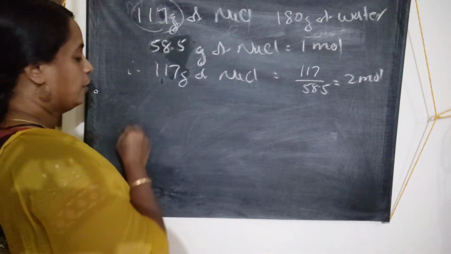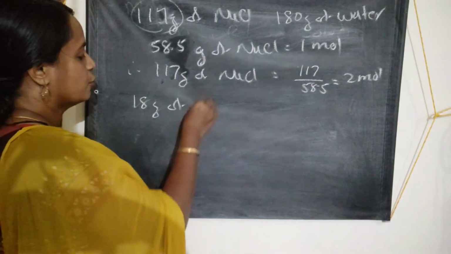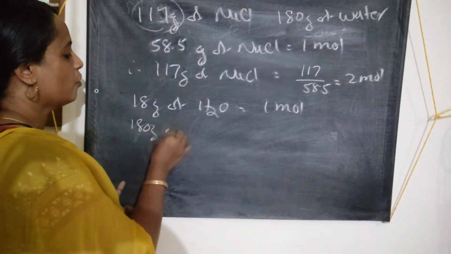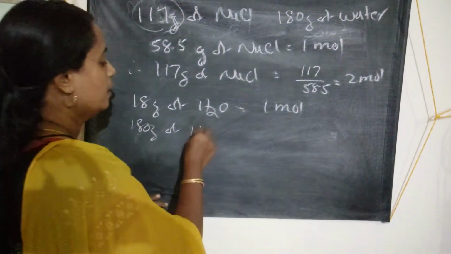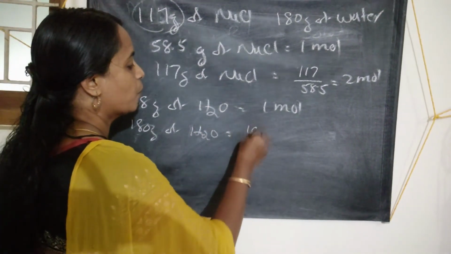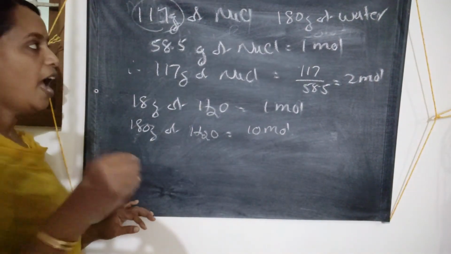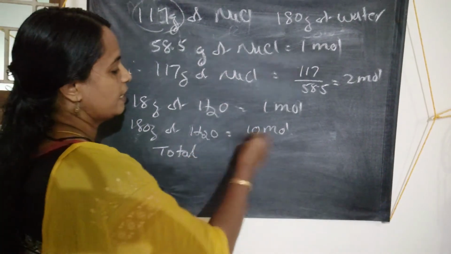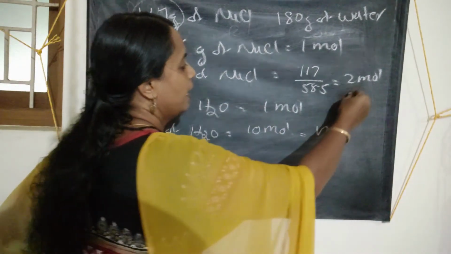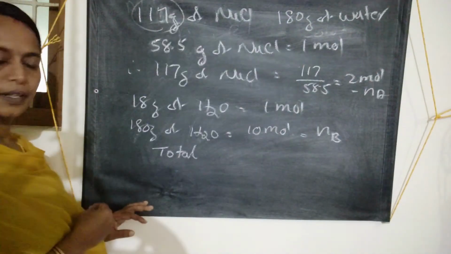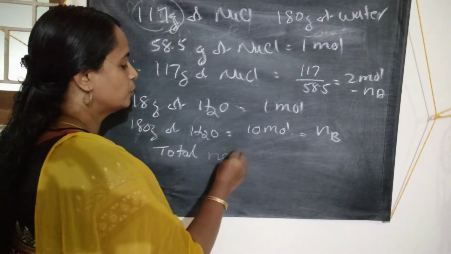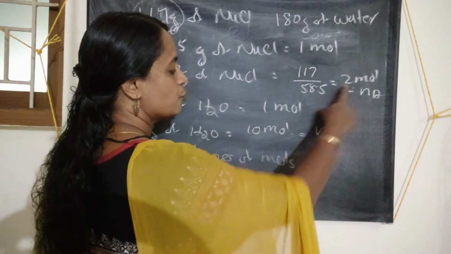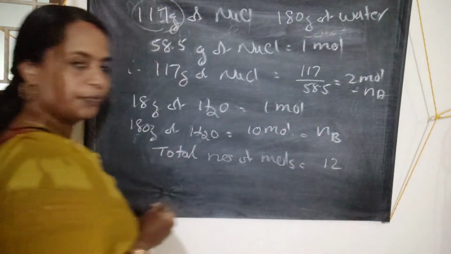And we know 18 grams of H2O, water, is 1 mole, and therefore 180 grams of water is 10 moles. Ready? And therefore the total number of moles is equal to 2 plus 10, equal to 12.